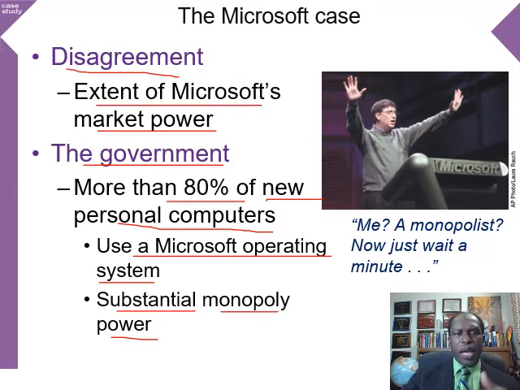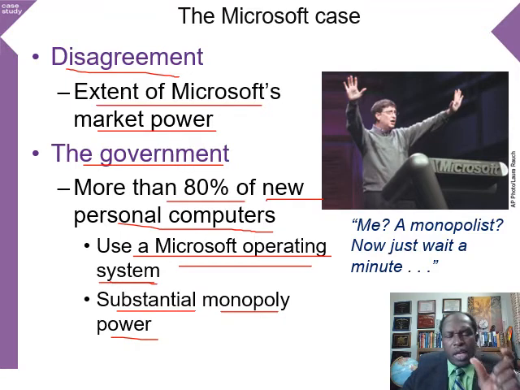If you buy the Microsoft operating system, then you have to buy also Internet Explorer, because you will not be able to use another browser on the Microsoft operating system. So that was tying the two products together, giving a substantial monopoly power to Microsoft.